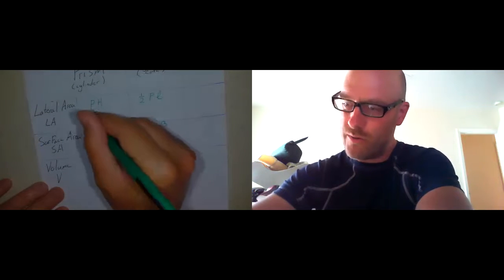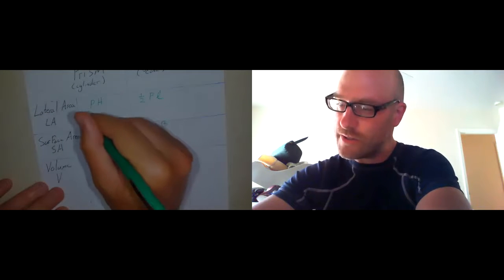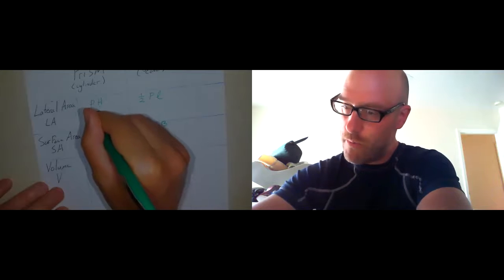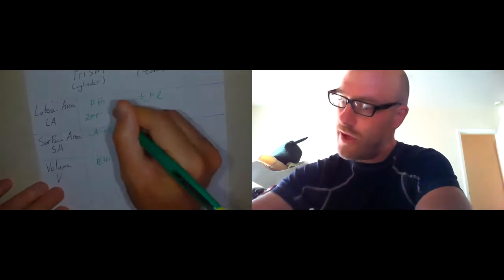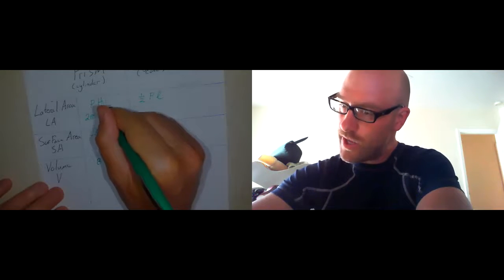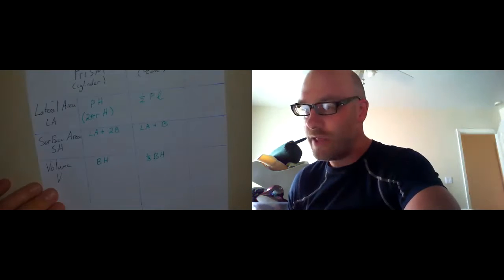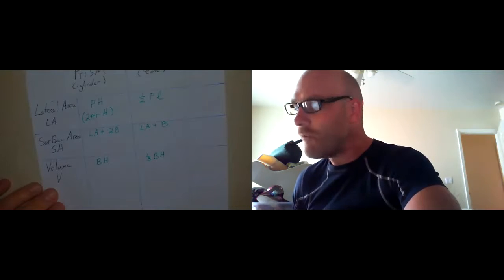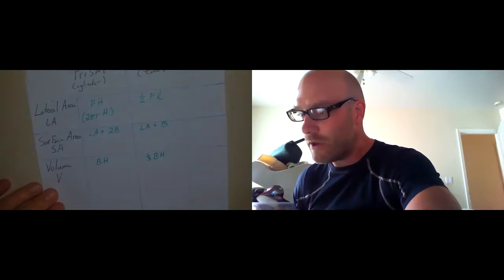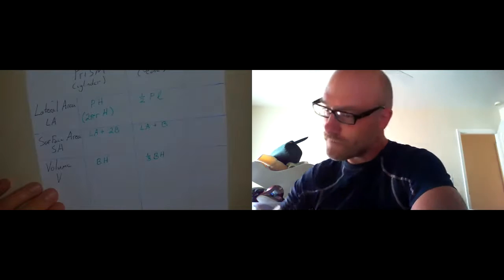Perimeter of a circle, well, that is the circumference. That is that 2 pi r thing, and h again. So I'll put that in parentheses. So we realize that that is the prism formula, which is specific to cylinders.